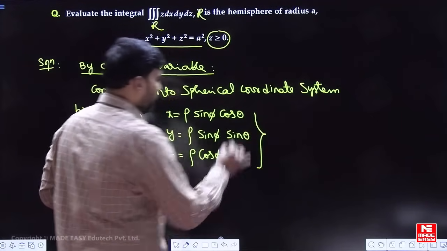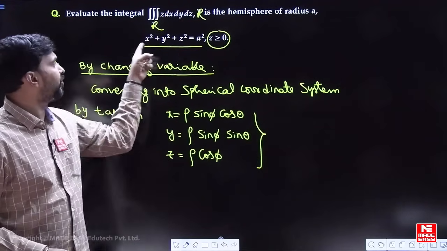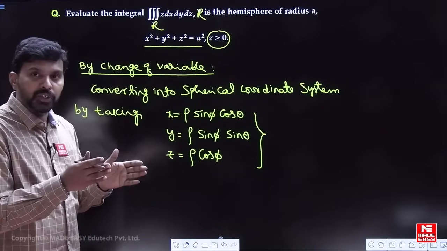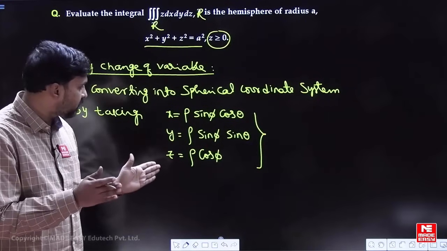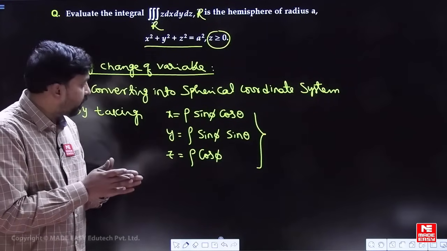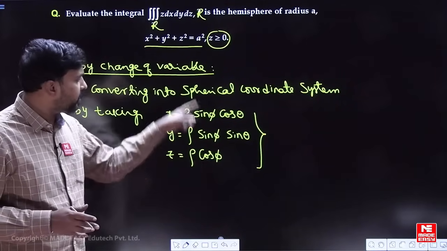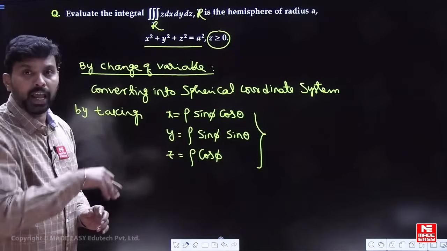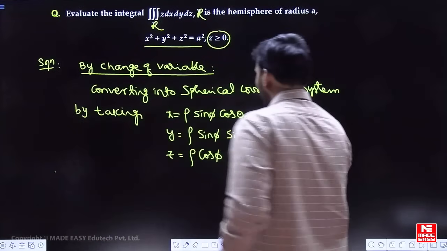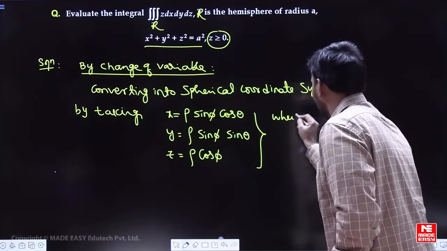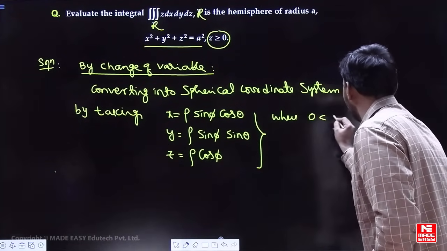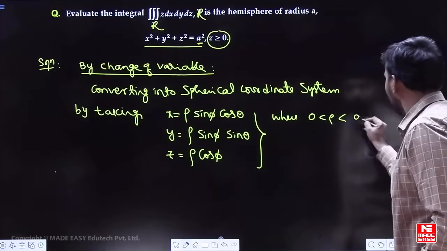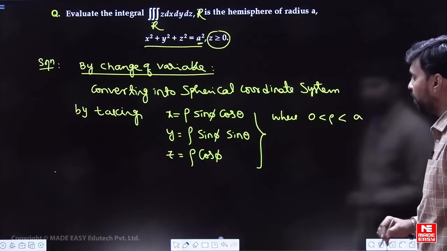Now, for the given hemisphere, what are the ranges of the radius, of phi and of theta? Here phi is the phase angle and theta is the angle of the circle. The radius is a, so the radius varies from 0 to a, right?